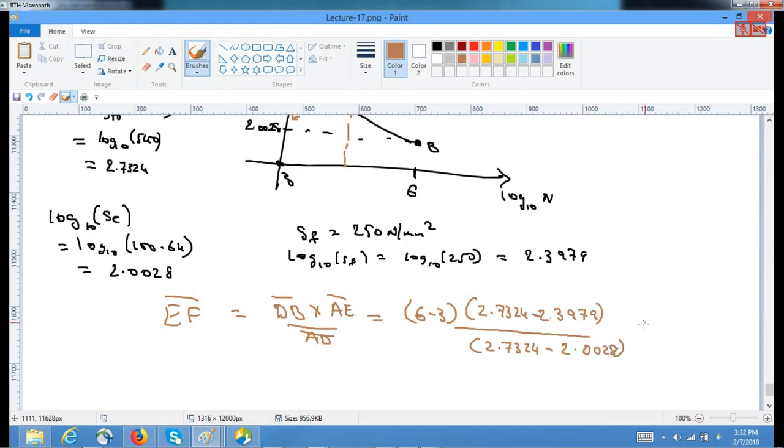If we try to solve that, this is equals to 1.3754.